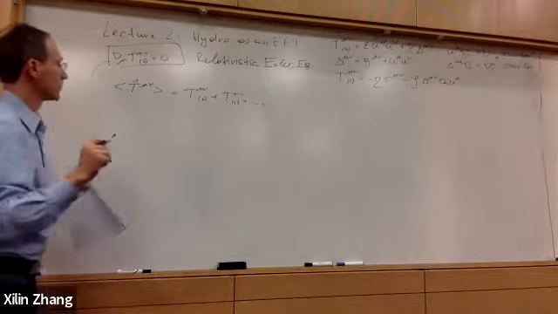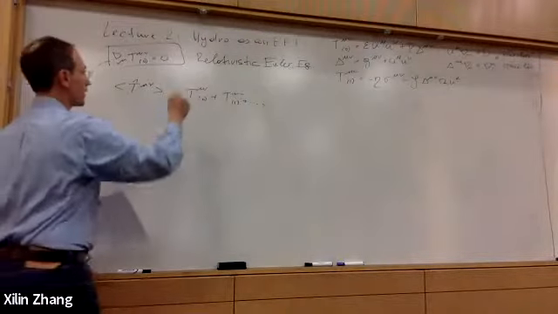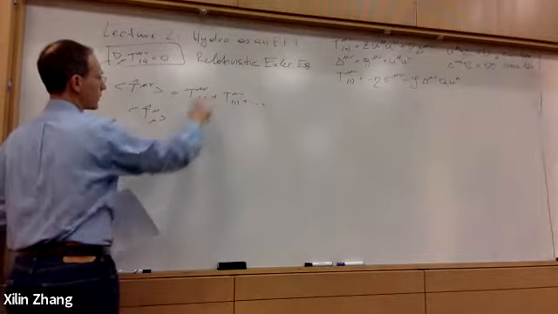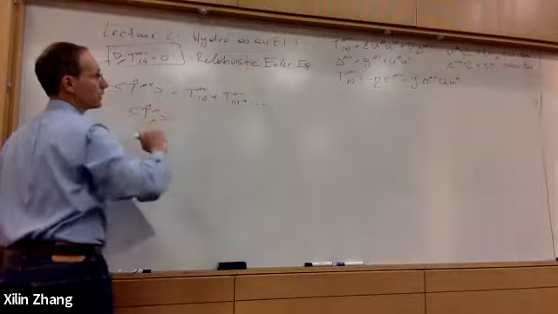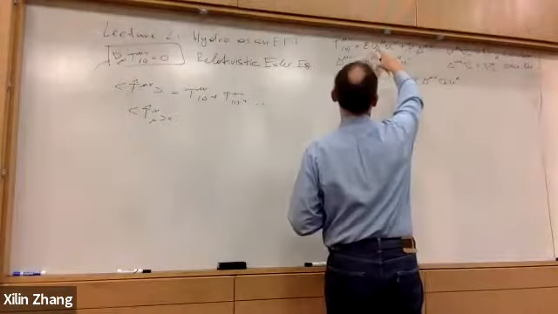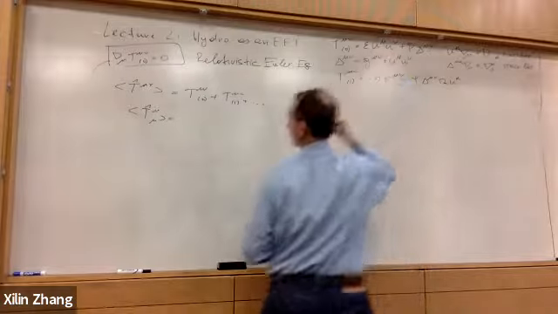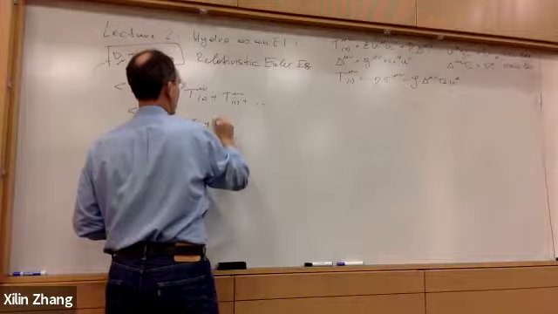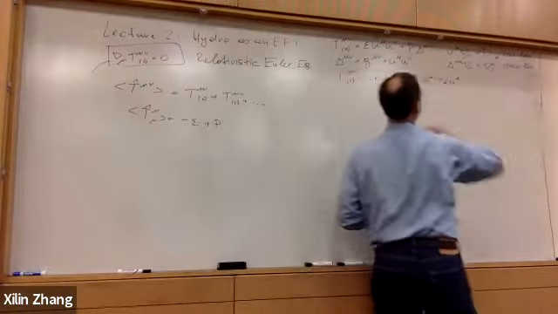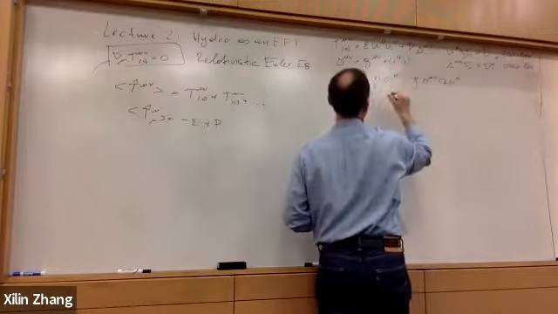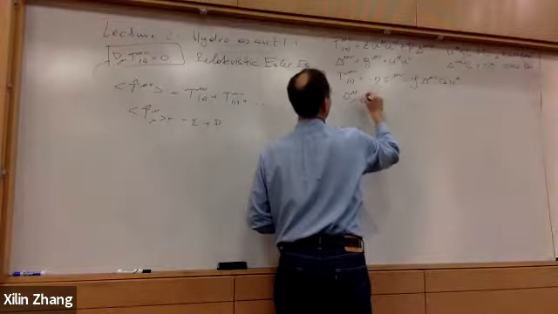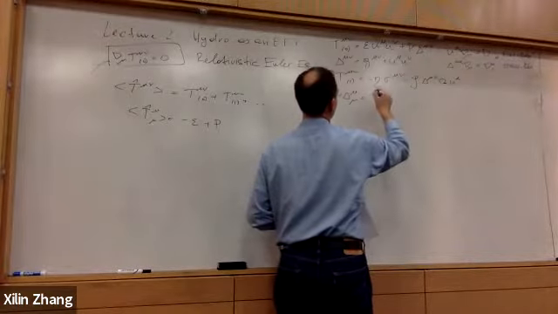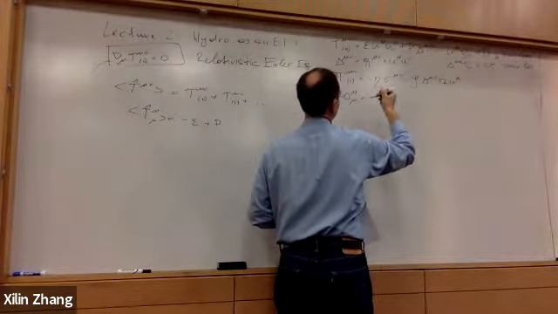Okay? So meaning that if I write down, in particular, the trace of the energy momentum tensor, the trace of T mu nu gives me minus epsilon from here, and then it gives plus P times the trace of delta. Delta is this combination here, so the trace of delta just gives me the trace of the metric tensor, which depends on the dimensions.